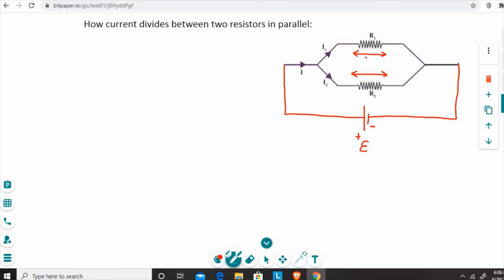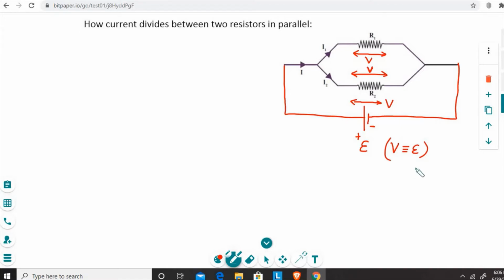If this is V, the voltage across resistor R1, then this value would also be V, the voltage across resistor R2, and that will be equal to the voltage across the battery, which we can call V. From this you can see V is nothing but the EMF of the battery.